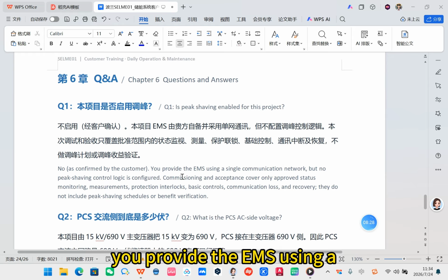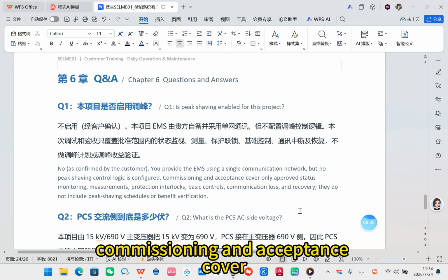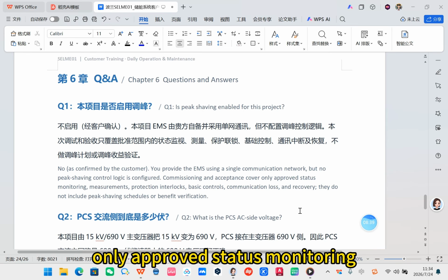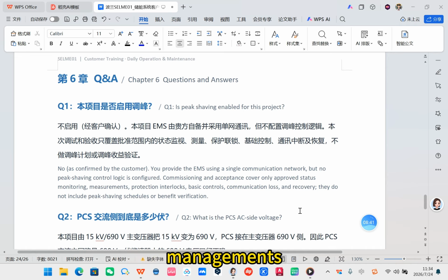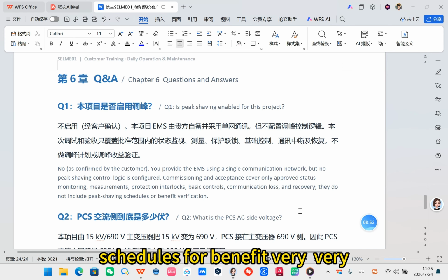No. You provide the EMS using a single communication network, but no peak shaving control logic is configured. Commissioning and acceptance cover only approved status monitoring, measurements, protection interlocks, basic controls, and communication loss, and they do not include peak shaving schedules for benefit.